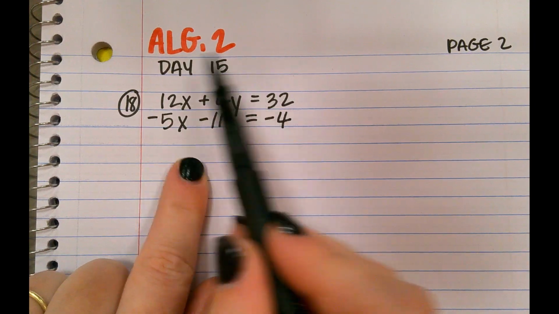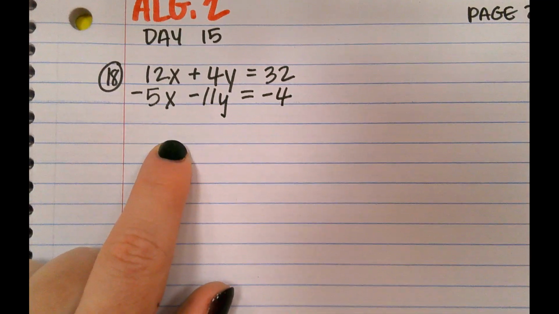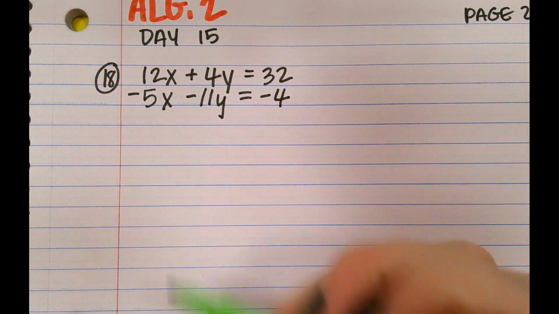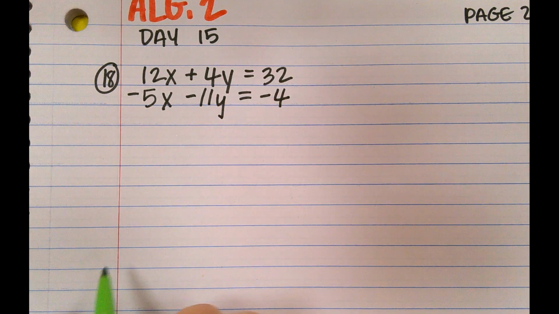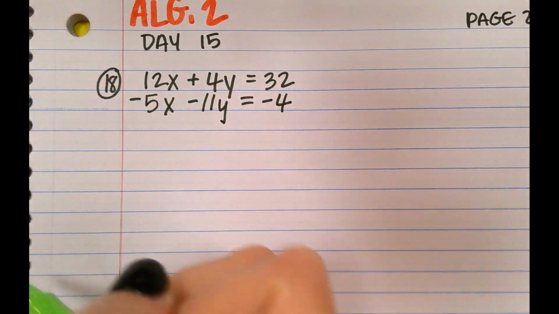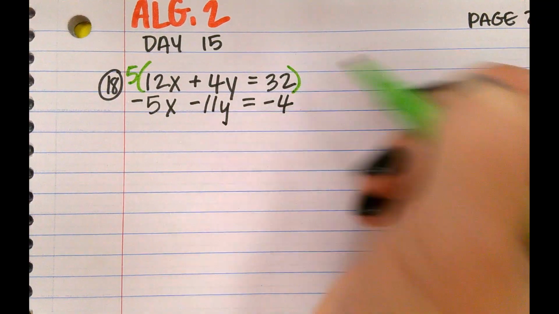So, what did you decide to multiply your equations by? What did I multiply my top equation by? 5. Okay.